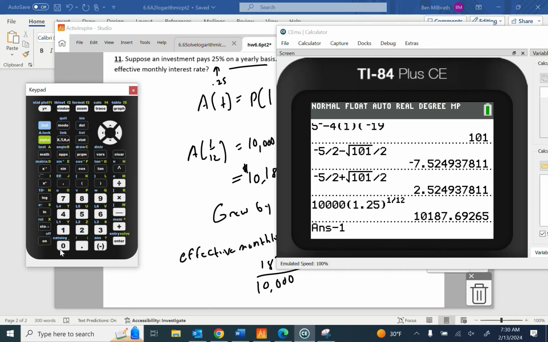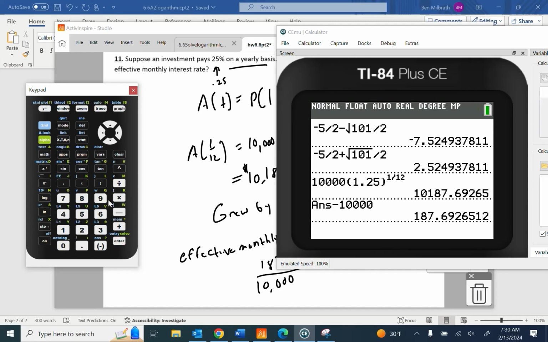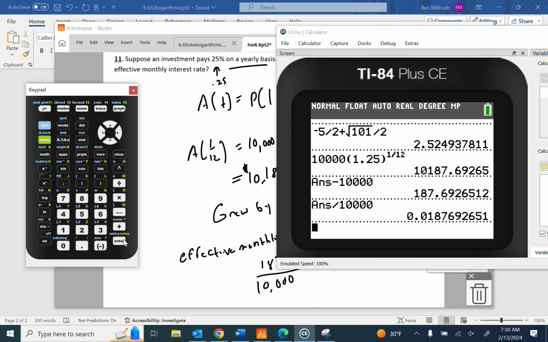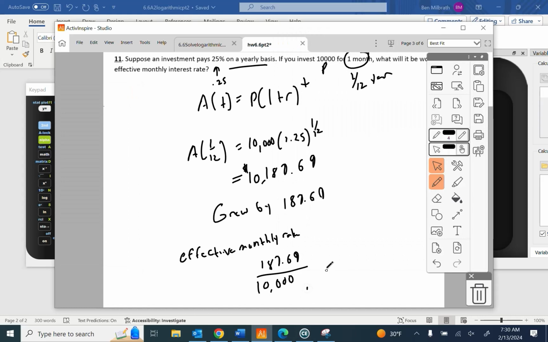Minus 10, divided by 10,000. And there she is: 0.0188. And if you want it as a percentage, you move that decimal twice, 1.88% per month.